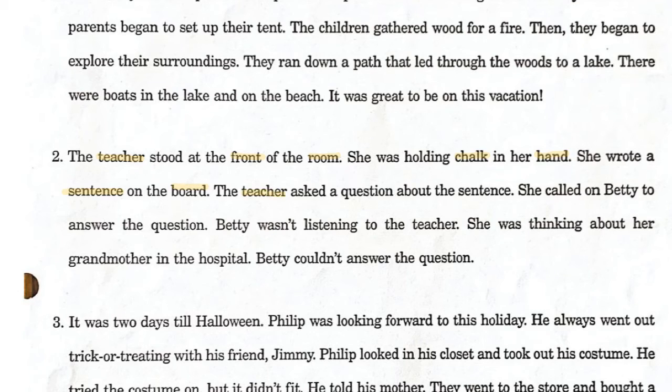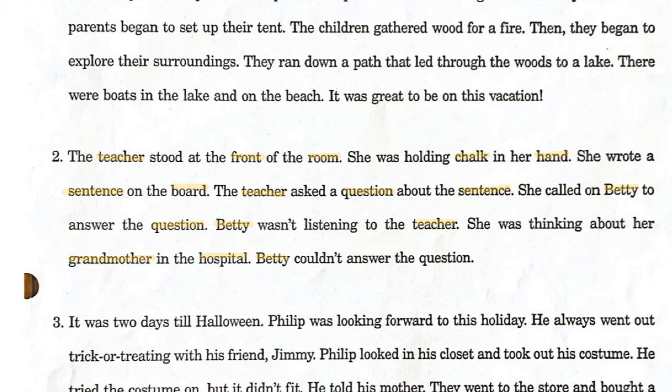The teacher asked a question about the sentence. She called on Betty to answer the question. Betty wasn't listening to the teacher. She was thinking about her grandmother in the hospital.